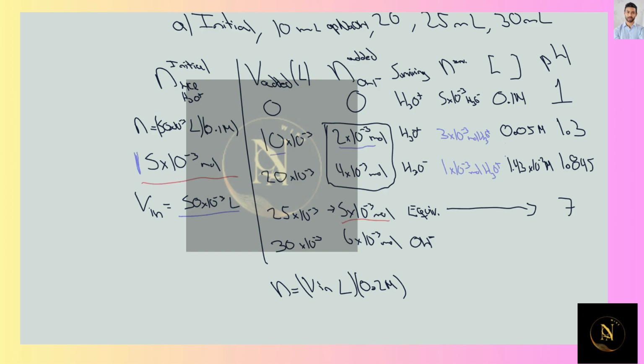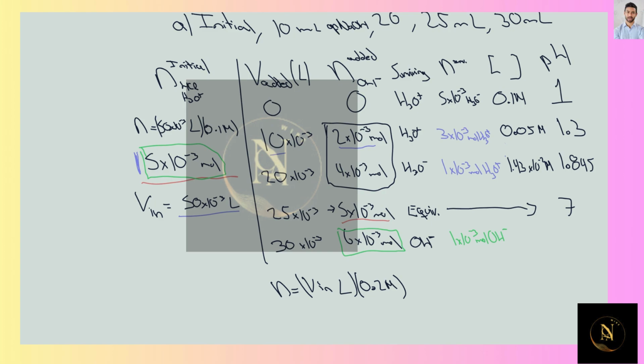And finally, after the equivalence point, now the two quantities that we need to subtract is the amount of OH- minus the initial amount of H3O+. So again, we have 1 times 10 to the minus 3 mole, but now of OH-.